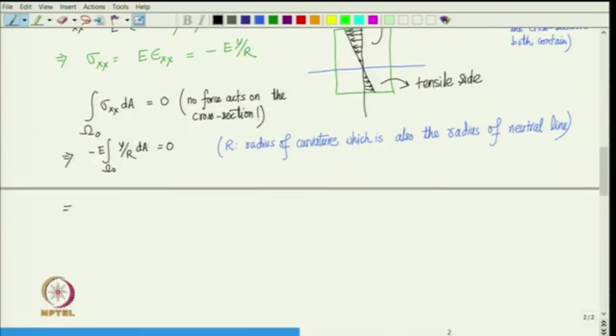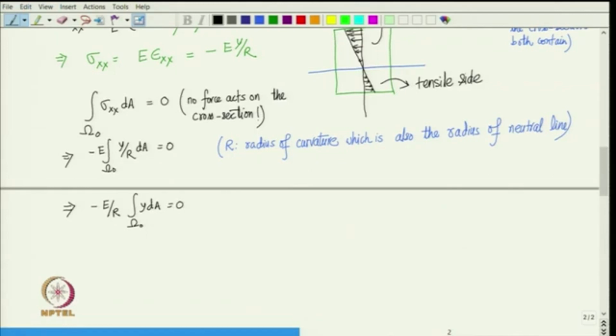Okay, so that is the radius of curvature R, because it is for a neutral line. So, it is also a constant, although we are looking at different points in the cross section, but this big R is for the neutral line. So, it also comes out of the integral, and then we have minus E by R integration over omega naught y dA is equal to 0.